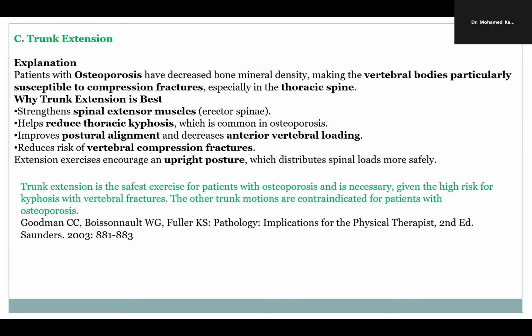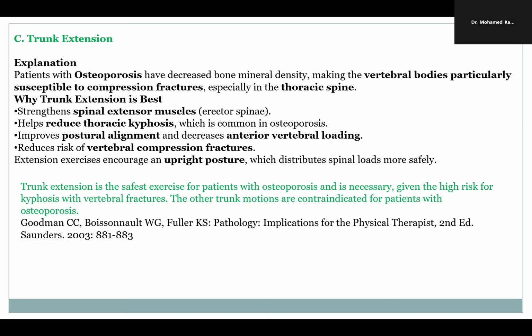It can be managed. There is a reduction of bone density, but we haven't reached osteoporosis yet. In osteoporosis, there is a decrease in bone mineral density, and the vertebral bodies become susceptible to compression fracture, especially in the thoracic spine. This is the most common area.